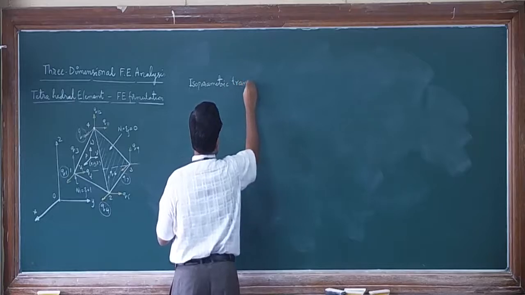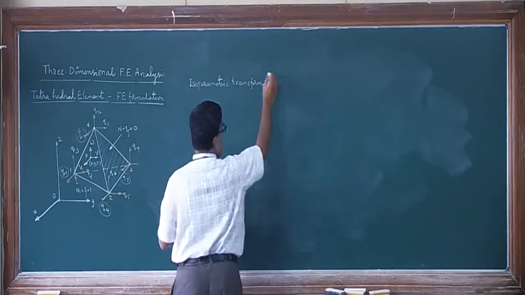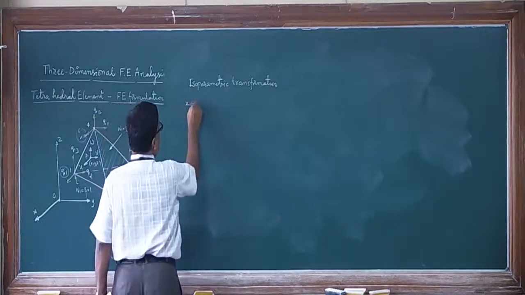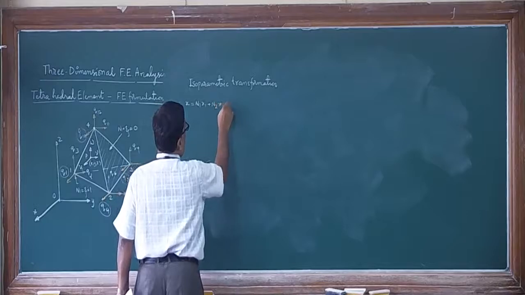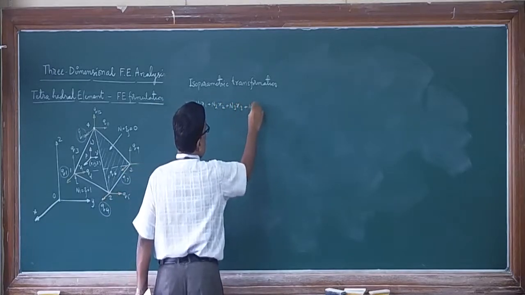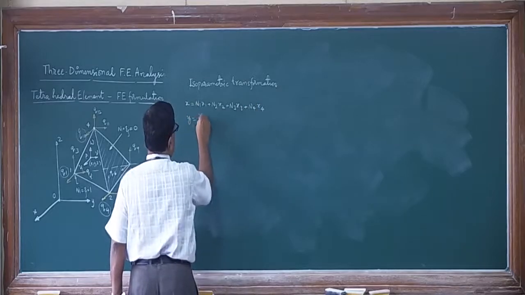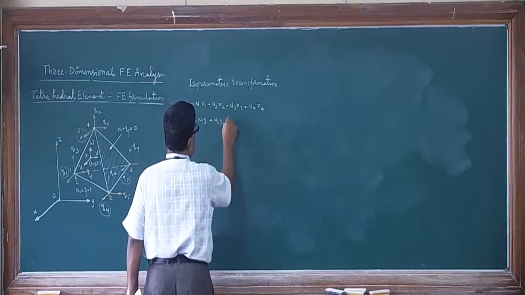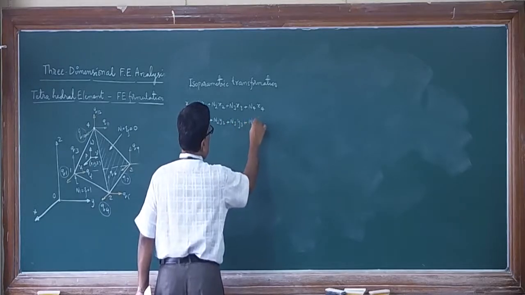Transformation. This is called isoparametric transformation. That is, we can relate x equal to what? x will be equal to N1 x1 plus N2 x2 plus N3 x3 plus N4 x4. Similarly, if you want y, it is N1 y1 plus N2 y2 plus N3 y3 plus N4 y4.